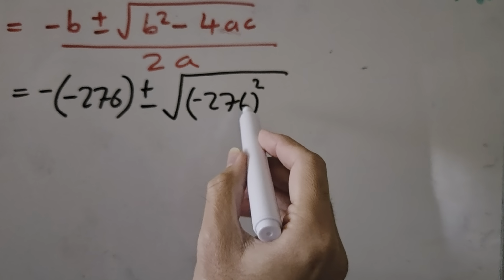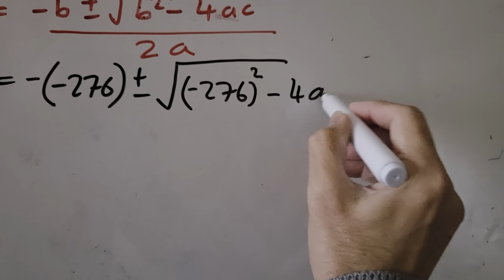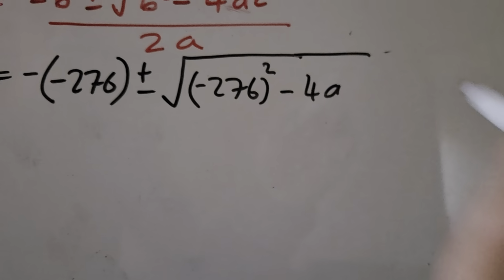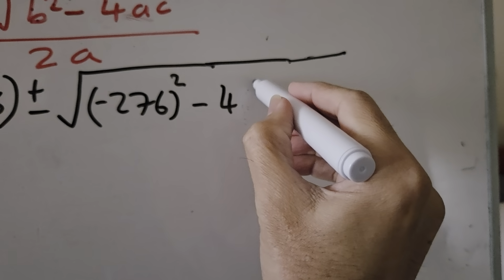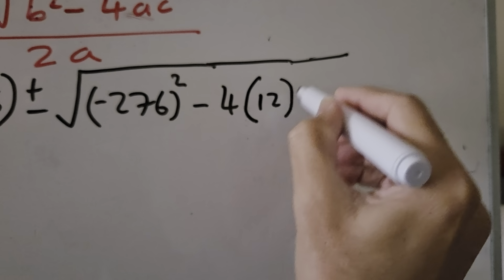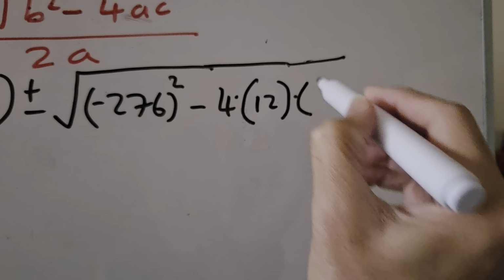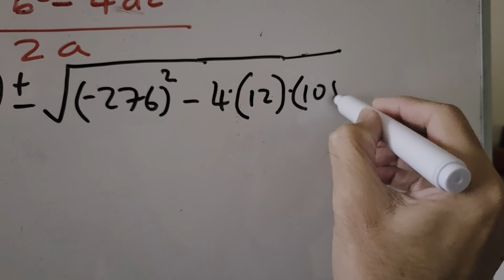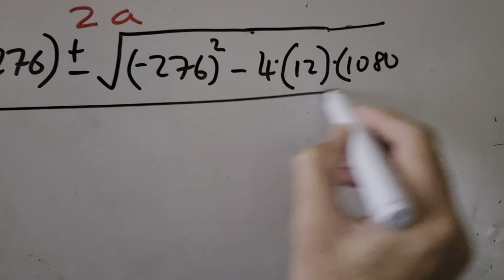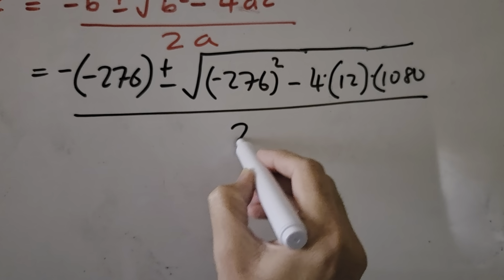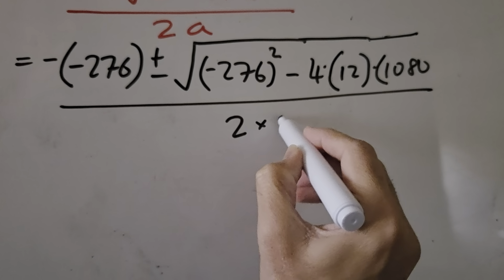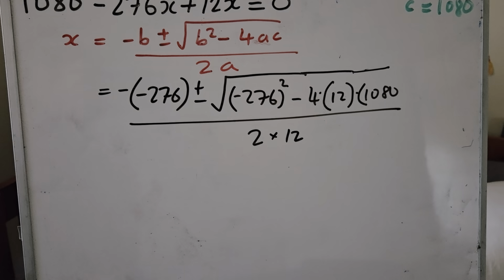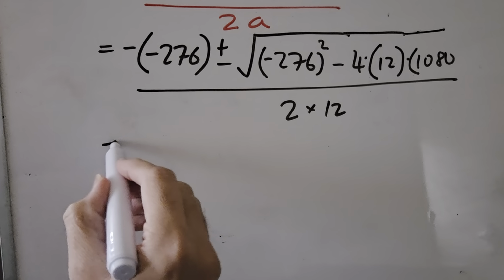The negative sign comes inside the bracket, minus 4 times a, the value of a is 12, multiplied by c, the value of c is 1080. And then the entire thing over 2 multiplied by a. The value of a is 12, so 2 times 12. So use a calculator to simplify.